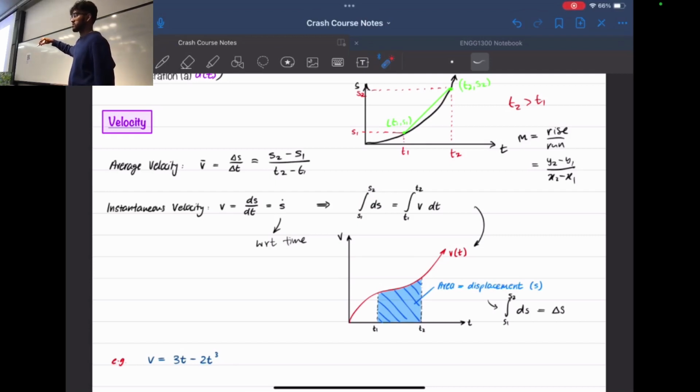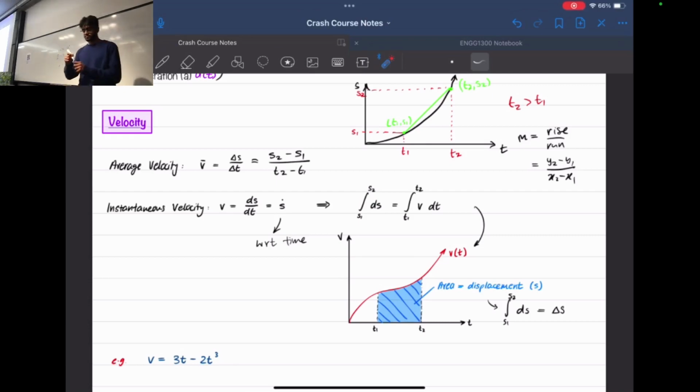Sorry? ds over dt, exactly. So I'm going to say ds over dt is equal to 3t minus 2t cubed, and we can bring the dt over to this side and break it down into ds equals (3t minus 2t cubed) dt.